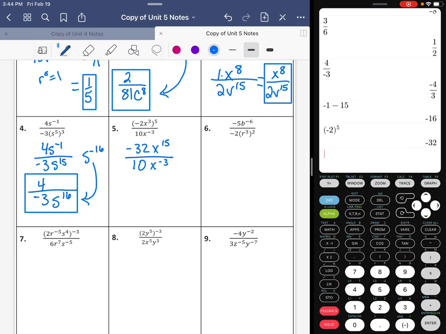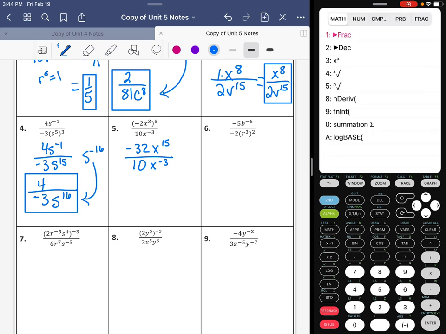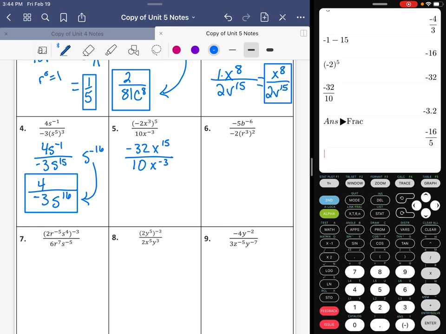The first thing I'm going to do is see if I can simplify the fraction negative 32 over 10. If your calculator gives you a decimal, hit math, enter, enter, so that it will change it back to a fraction. No decimal answers are allowed. Okay, so that's going to be negative 16 over 5.